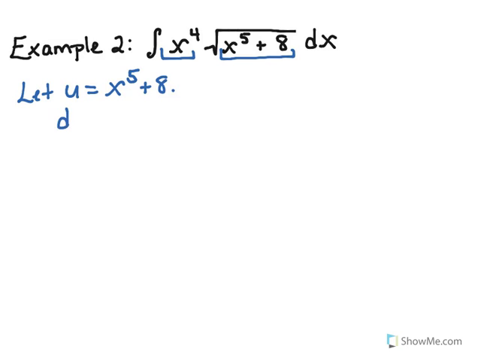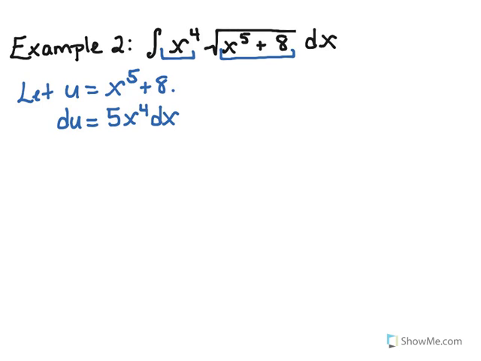What would du be? If I do the derivative of x to the 5th, I get 5x to the 4th. If I do the derivative of 8, I get nothing, so then I write dx after it. Now that looks very close to what I have. In the original problem at the top of the screen, we have x to the 4th dx.